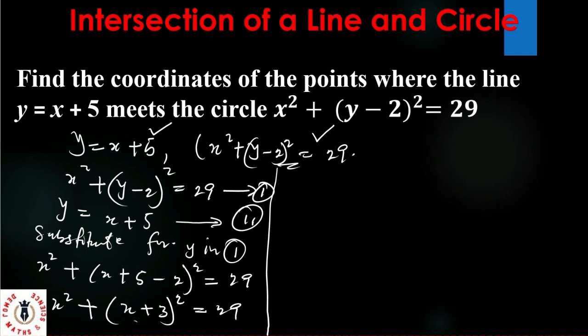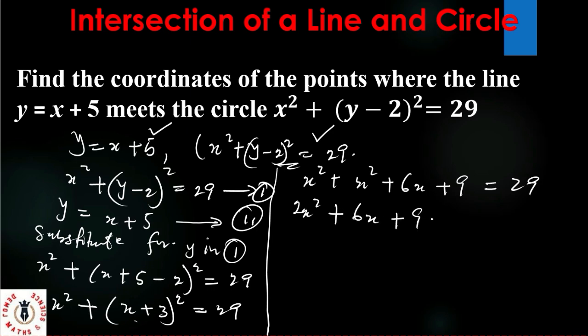The next thing is to expand this. When we expand this, we should come to x squared plus x squared plus 6x plus 9 equals 29. So that 2x squared plus 6x plus 9 minus 29 equals 0. So that's 2x squared plus 6x minus 20 equals 0.